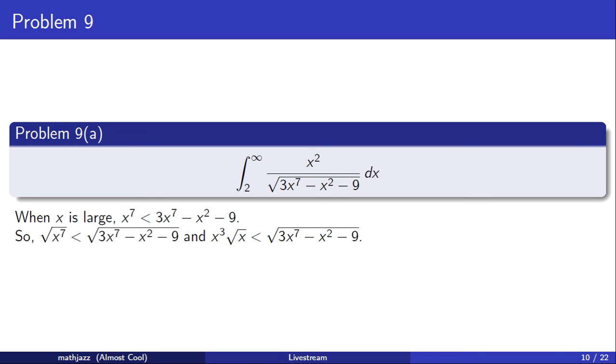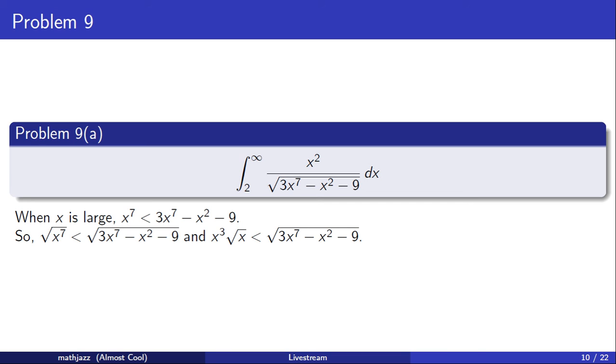But if we know that, then we also know the square root of x to the 7th is less than the square root of this polynomial. And we're going to take the square root of x to the 7th. That's x to the 3rd times x to the 3rd times x. And so the square root of x to the 3rd times x to the 3rd is just x to the 3rd. So we get that x to the 3rd times the square root of x is less than the square root of our polynomial.